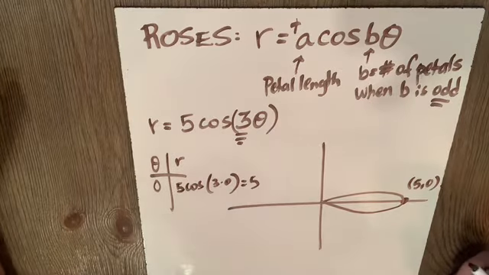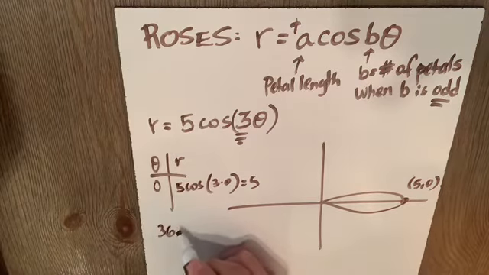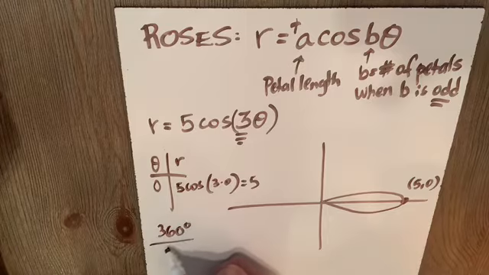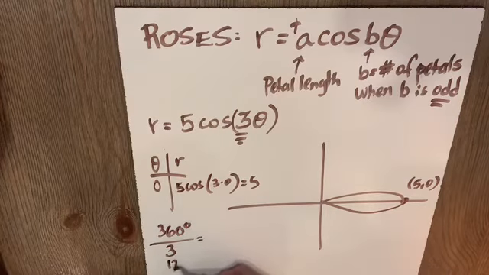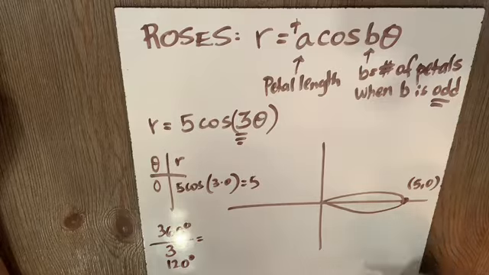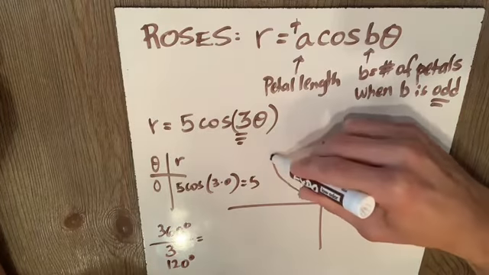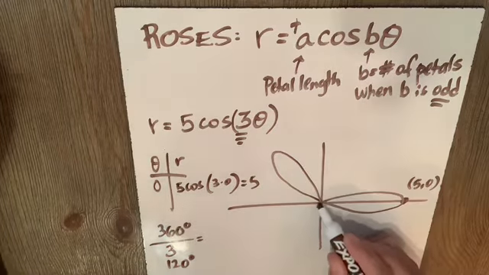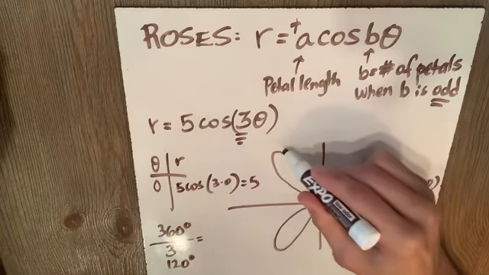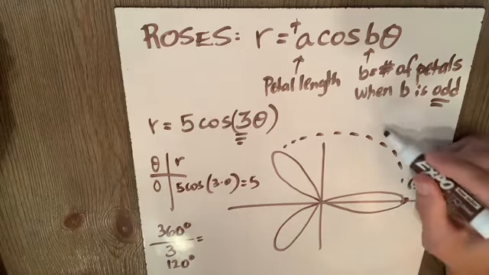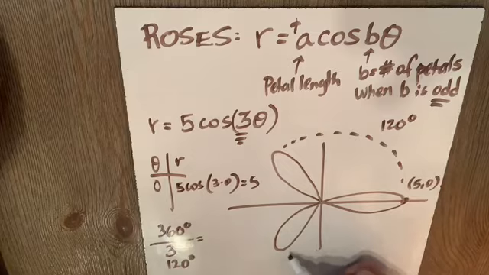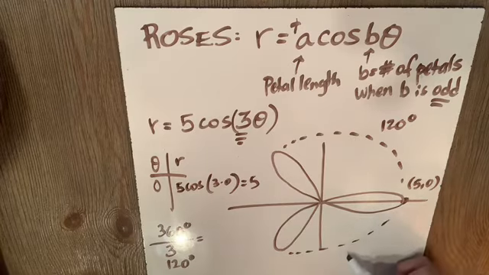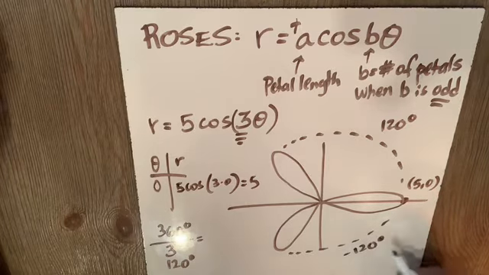Now, I have 360 degrees to play with, and I've got 3 petals. So there's going to be 120 degrees between petals. So at 2 pi over 3 here, I went 120 degrees, or 2 pi over 3, and this would be a negative 120 degrees.